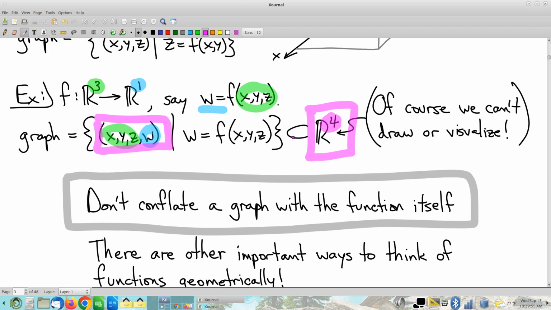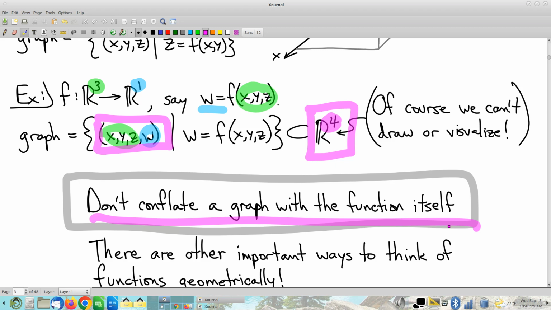Everybody see the problem? So two things on here. As I've got drawn here, please do not conflate a graph with the function itself. A function is a thing we can write down all kinds of functions of several variables in, possibly several variables out. That's no problem. The graph is a picture arbitrarily defined by certain arbitrary choices and rules that in most cases we can't even draw.